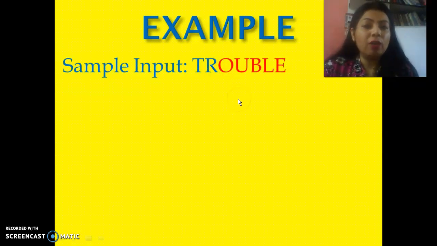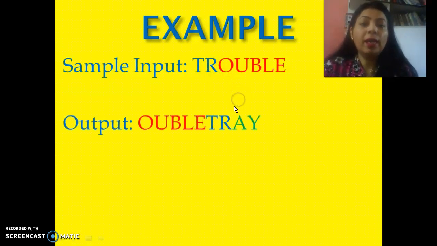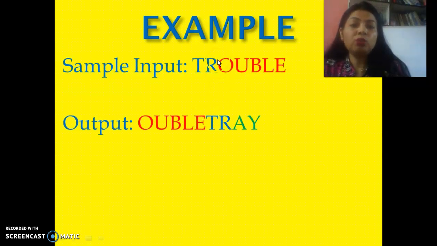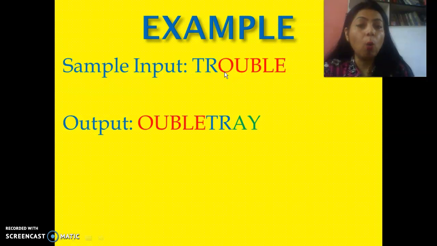Let's see. First you find out the first vowel of your word, which is here O. From the first occurrence of the vowel till the end you take OUBLE.